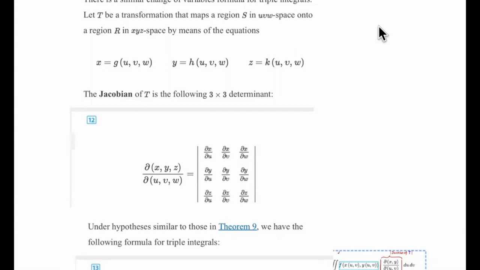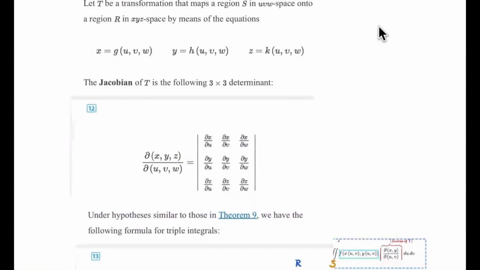And this is the partial derivative of y with respect to u, v, and w. Partial derivative of z with respect to u, v, and w. And this is the Jacobian of the transformation T.